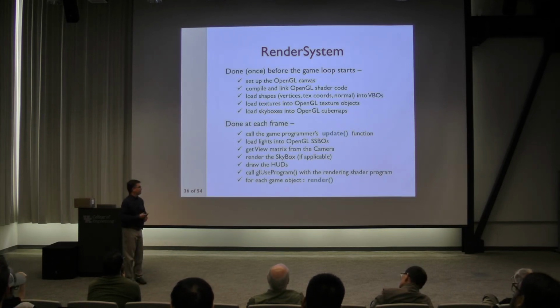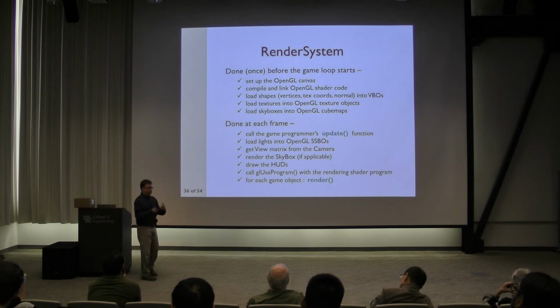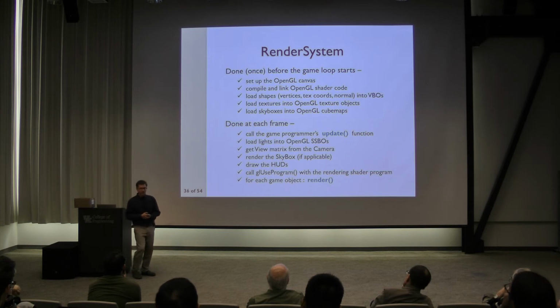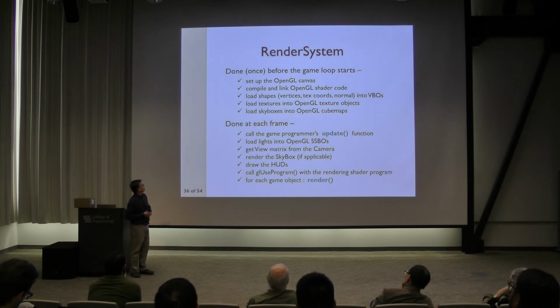So I tried to separate those things that are time intensive, that require reading in from the disk, and do those once before the game starts, versus things that are done at every frame. So for instance, loading shapes, compiling the shaders that make up the actual rendering code, loading textures and skyboxes, those are just done once.